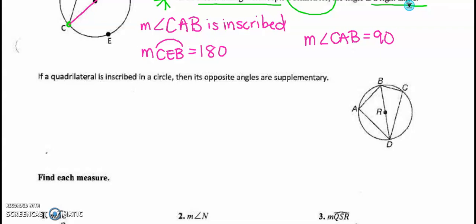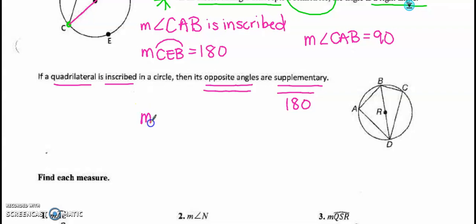This statement here says if a quadrilateral is inscribed, that means the vertices touch the edge, then its opposite angles are supplementary. So you should know they add up to 180. So in your picture to the right, in circle R, there is quadrilateral ABCD.